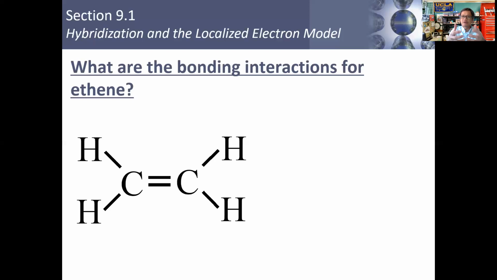In reconfiguring, they form these hybrid orbitals, and from these hybrid orbitals they can share their electrons with another atom.